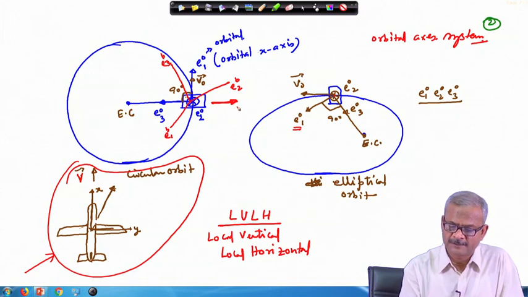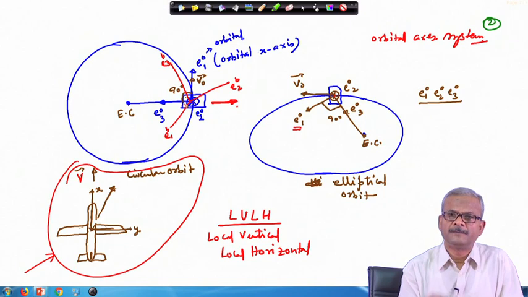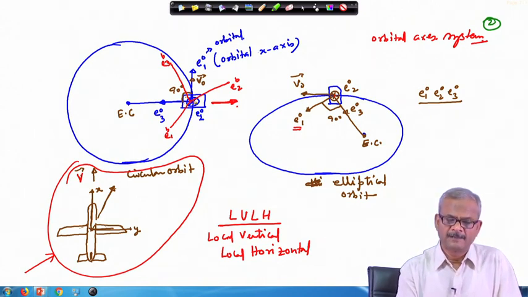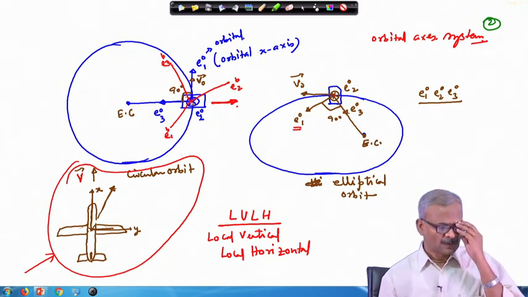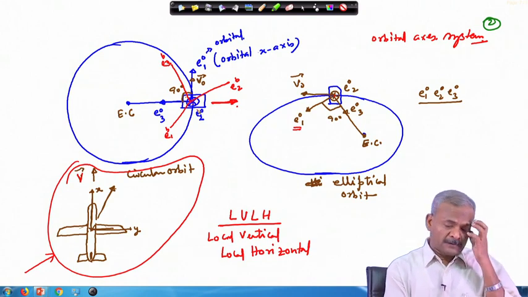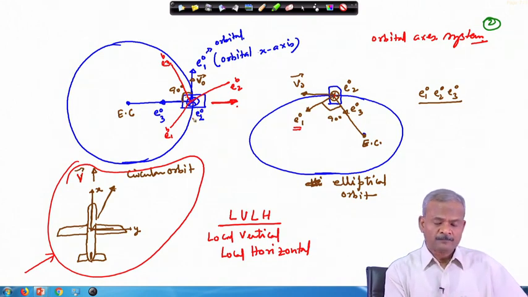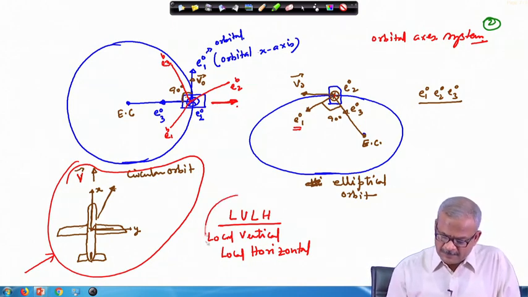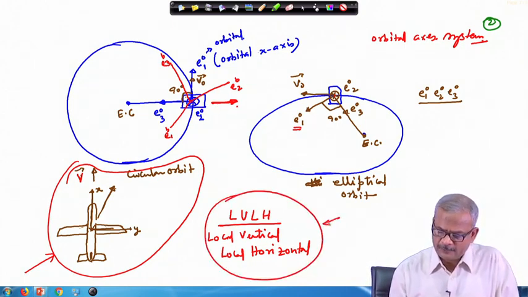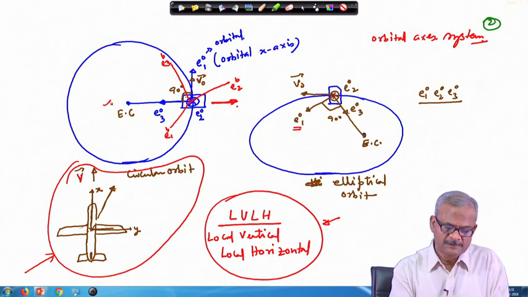So, E03 along this direction, and E02 then will be coming out of the page. Okay. So, it will be coming out from this place. This particular notation we will not follow. Okay. We will follow this notation.